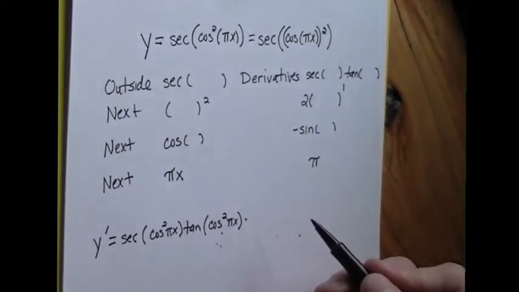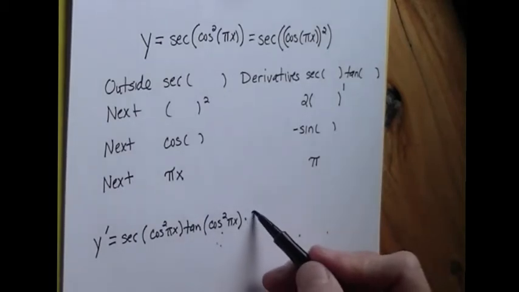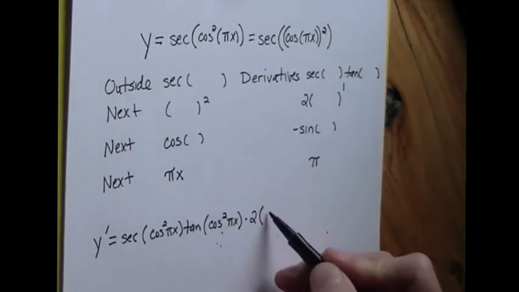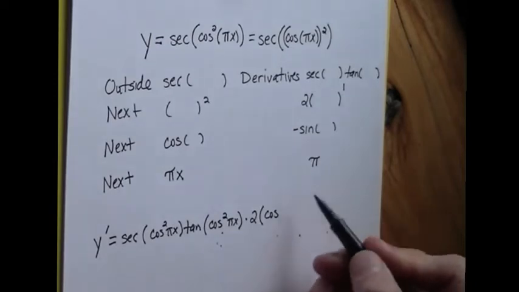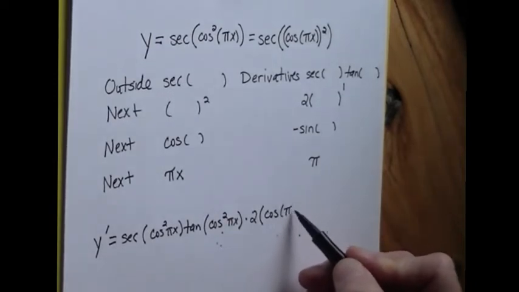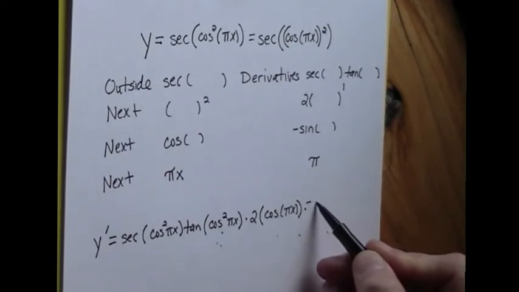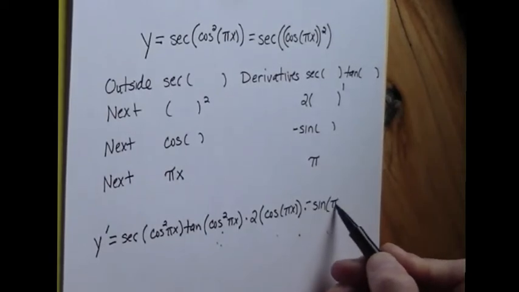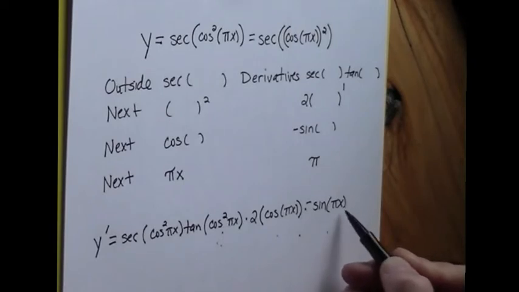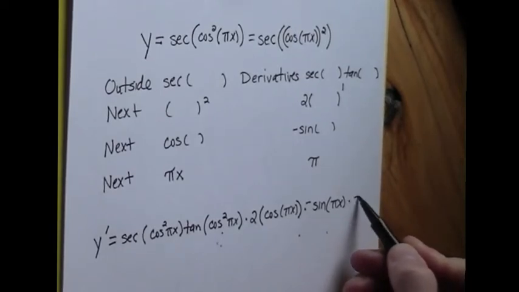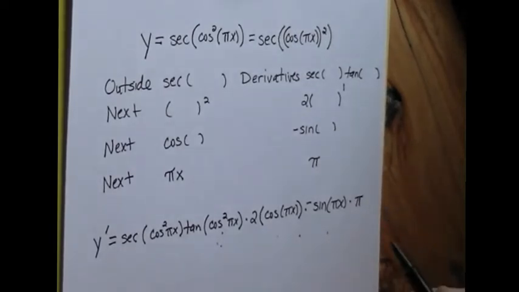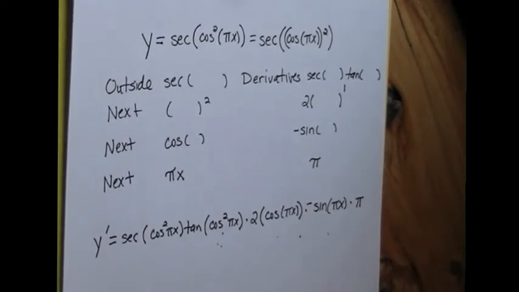Then we're going to multiply by the derivative of the square, which is 2, but inside of the derivative of the square will be cosine of pi x. And then we multiply by the derivative of cosine, which is negative sine, and inside of it is pi times x. And lastly, we're going to multiply by the derivative of pi x, which is pi.